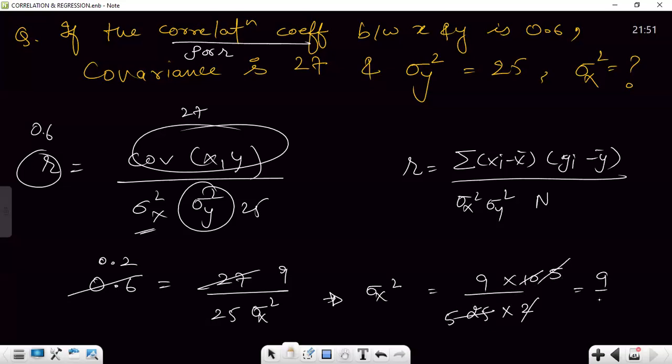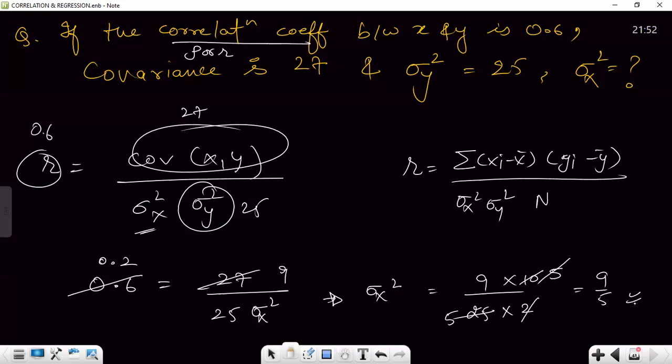Now it becomes 9 by 5, taking square root on both sides. No, why square root? We need to find only this, sigma x square, which is the variance. This is our answer, 9 by 5. 9 by 5 is our answer, if I have not made any mistake.